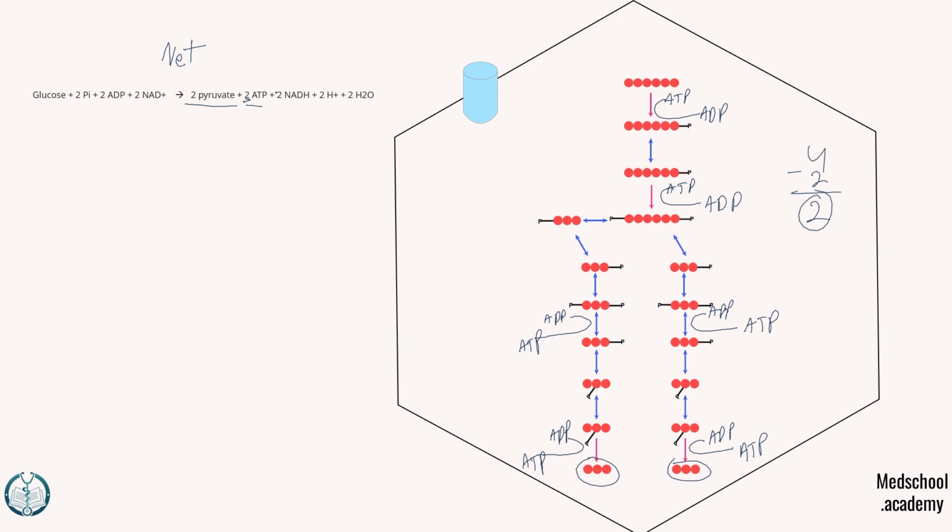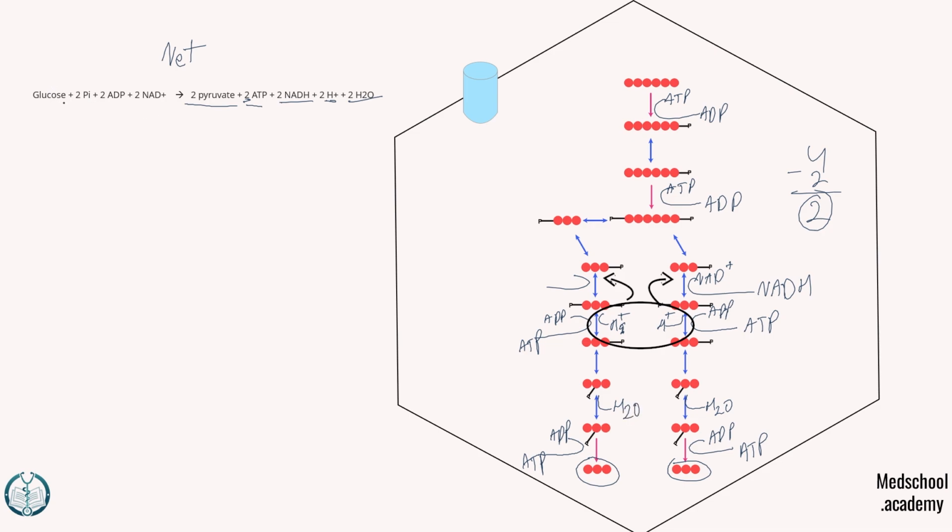And then we have 2 NADH. Now where did that happen? That happened right here. Here we took our NAD+ and converted it to NADH. Happened on both sides. That's what this is for. And the 2 protons also happened right here and right here. We had our 2 protons and the 2 water molecules that were dehydrated right here. I mean, this molecule was dehydrated and we got 2 water molecules out of it.